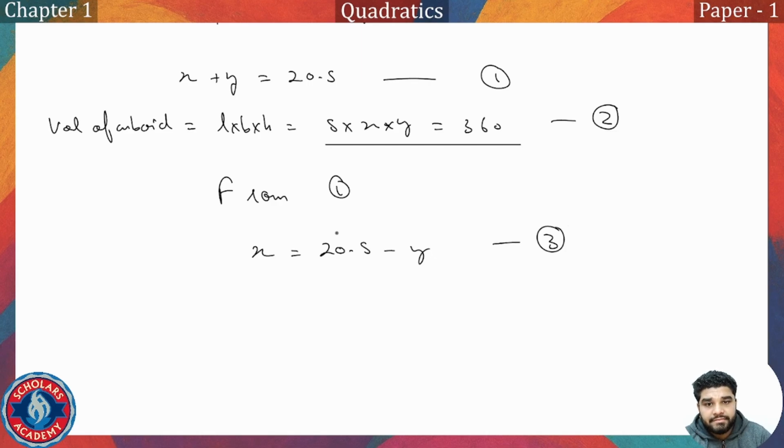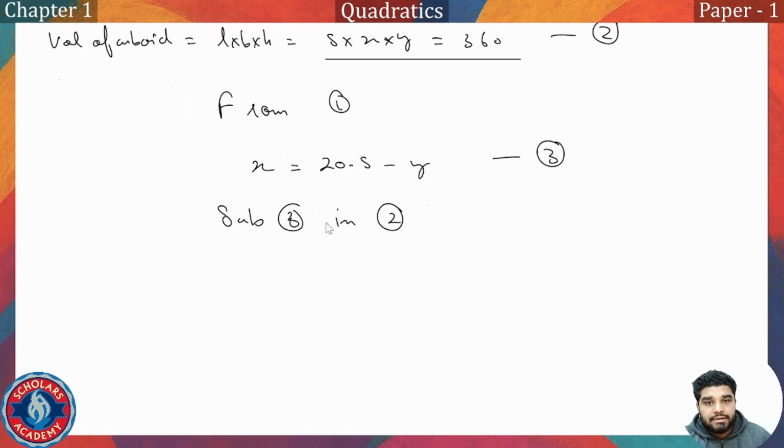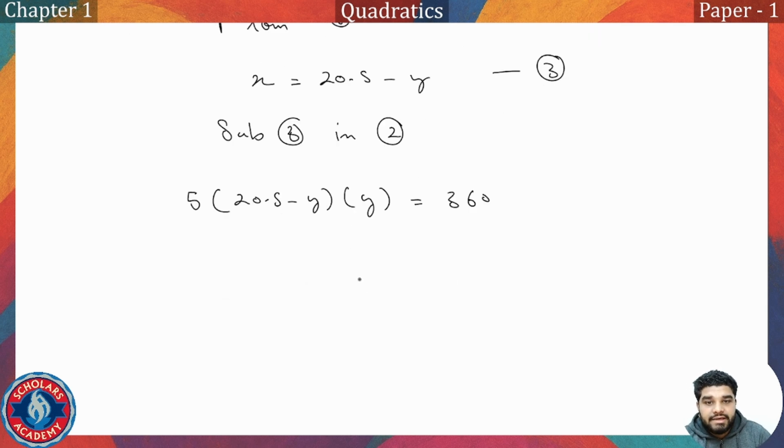And substituting equation number 3 into equation number 2, we get 5 times (20.5 - y) times y is equal to 360, right? If we simplify it, multiplying with y, I get 5 times 20.5y minus y² is equal to 360.